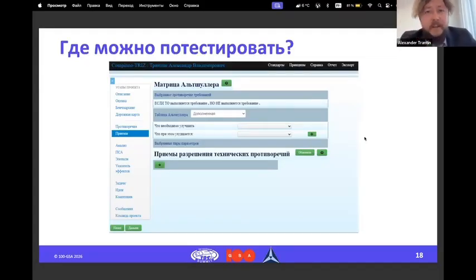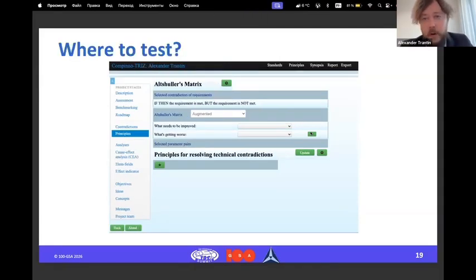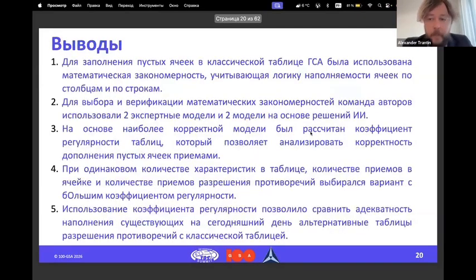And as I told you before, we shall have some opportunities to test this matrix, and probably you know that there is a specific software called Matrix, and this augmented Altshuller matrix is there, and if you wish, you can test it to see whether it works, whether it helps you to tackle your own tasks. In our company, Rusal, we use it, and it does not provoke any questions among our colleagues.